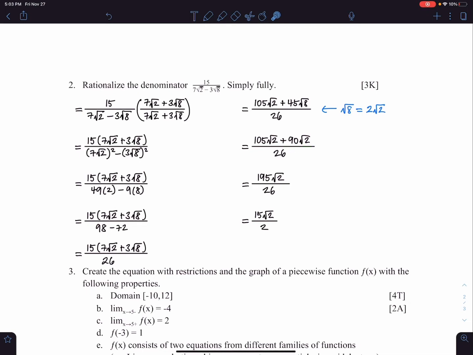We can then further simplify this by factoring out root 2, so it would be root 2 times 195. And then we can reduce the fraction into 15 over 2 times root 2. So this would be the fully simplified answer, and it would be correct because it rationalized the denominator, so we don't have any roots in the denominator, and it can't be further simplified with a calculator.